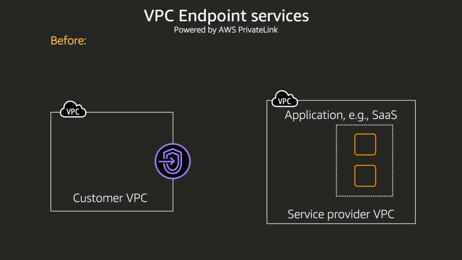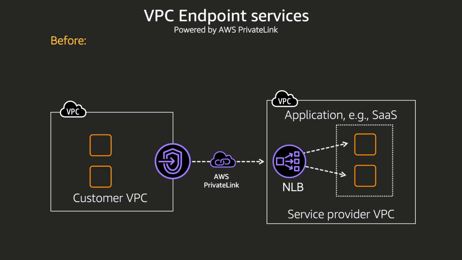Then you can use PrivateLink, or a VPC endpoint service, to connect to a Network Load Balancer, and your SaaS application, for example, is the target of the NLB. So traffic flow goes from the customer VPC over the PrivateLink-enabled endpoint through to a Network Load Balancer and through to your service. It's a pretty easy way to drop this service into multiple VPCs privately if you wanted to.